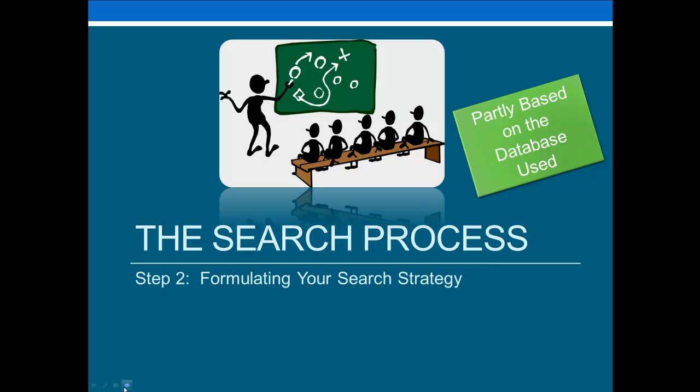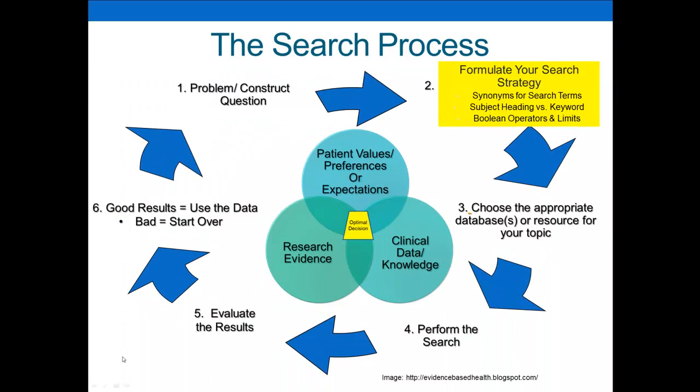Now, keep in mind when it comes to formulating your search strategy, you're in the second step of a 6-step process. And doing this well will really help you in trying to get to the articles that are most pertinent or are most related to what you're looking for. In talking about setting up a search strategy, we're going to talk about things like making sure that you have synonyms for search terms.